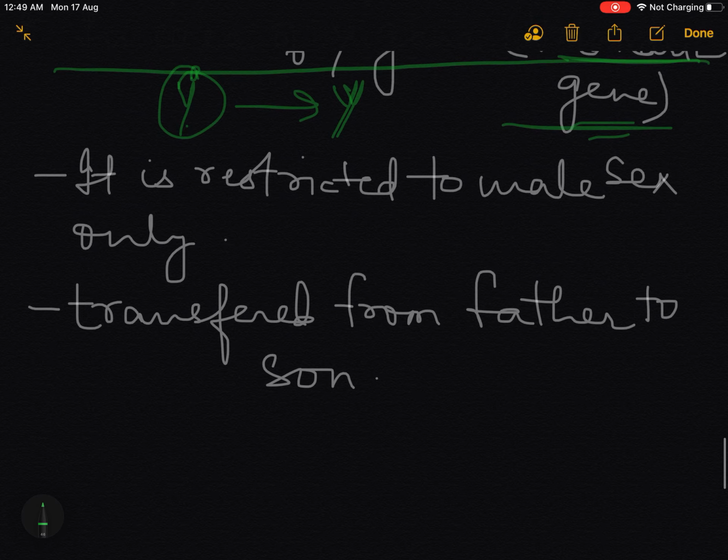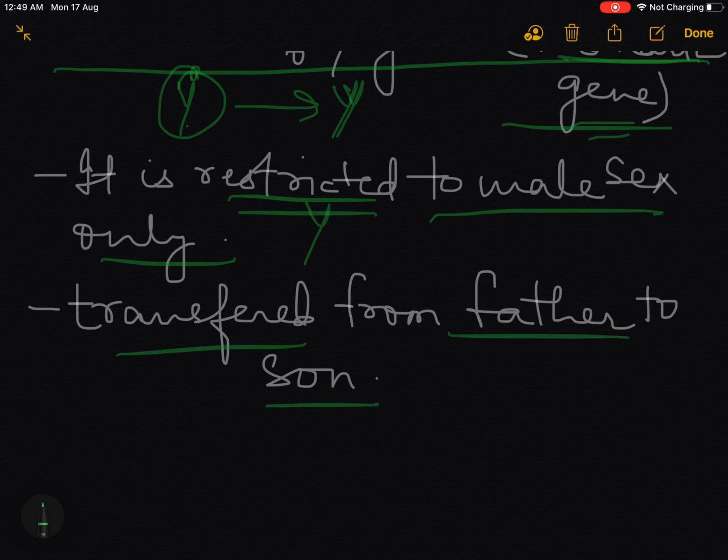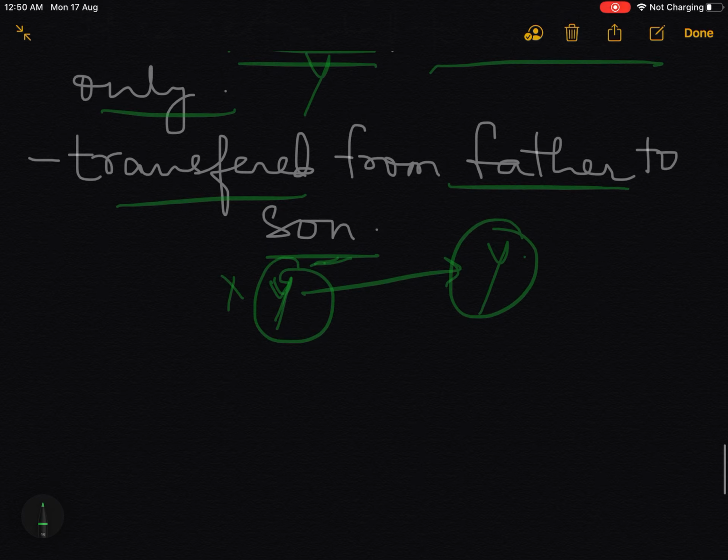It is restricted to the male sex only, and transferred from father to son, because a father will be giving the Y chromosome to the son, and if the Y chromosome is carrying any gene with some defect, that defect will also pass on to the son. So I hope this is clear.